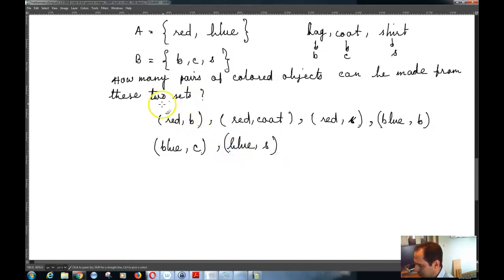So as you can see, the number of colored objects made from these two sets is 1, 2, 3, 4, 5, and 6. So what we get is 6 distinct objects.